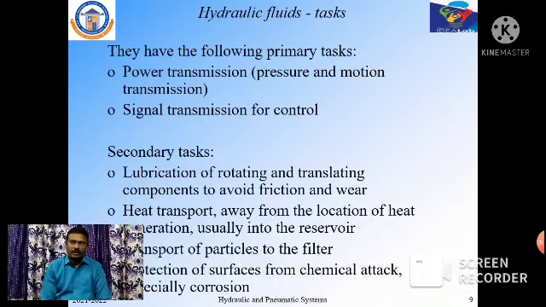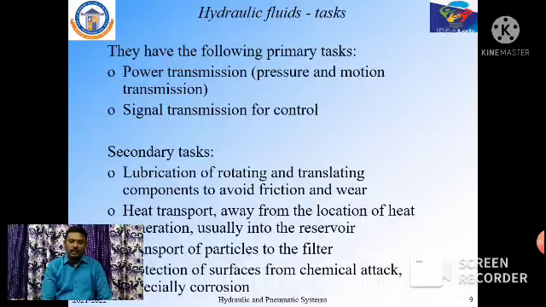Hydraulic fluid tasks. Primary task: power transmission, pressure and motion transmission, signal transmission and control.